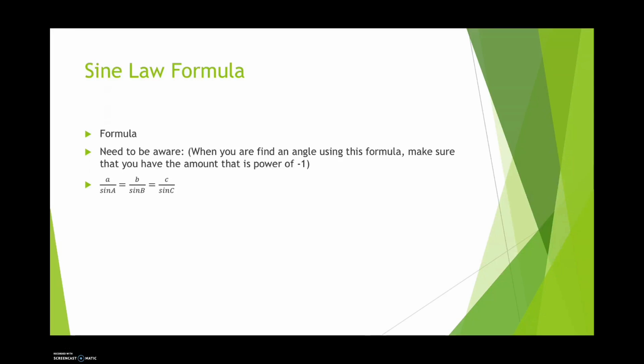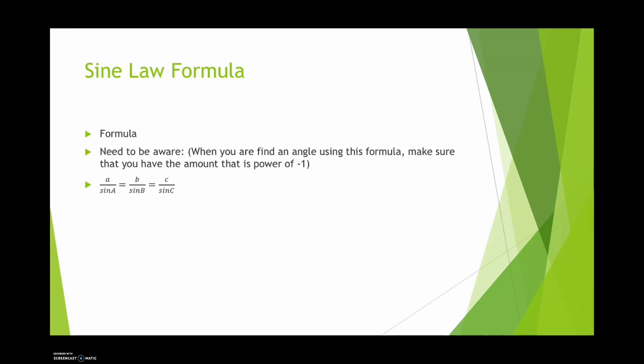Solving questions using the sine law formula: first, be aware that when you are finding an angle using this formula, you always have to press the second button on your calculator, plus cosine, sine, tangent, whatever you want to use.